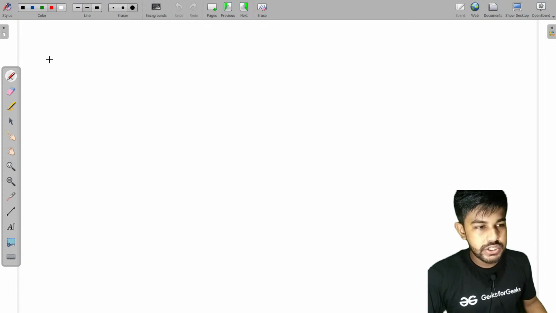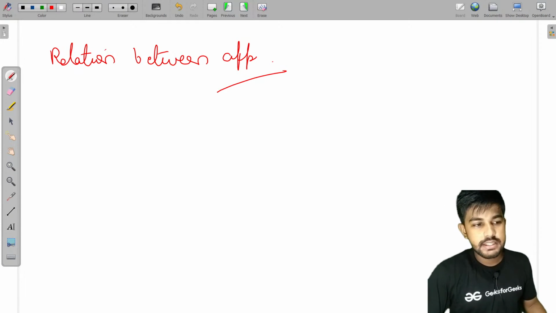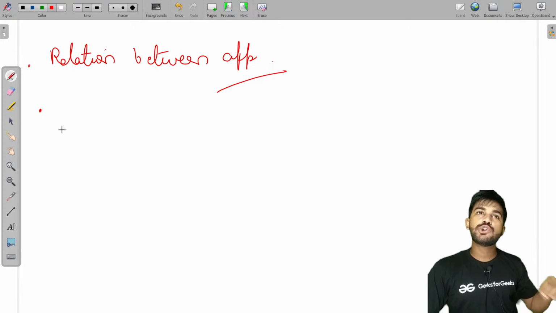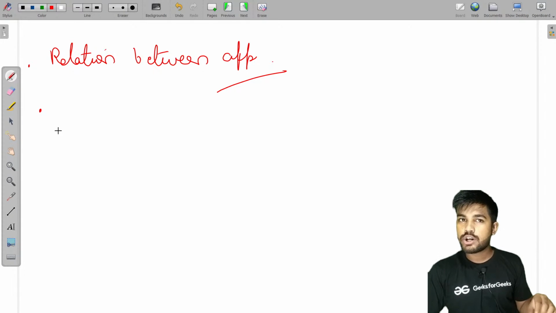There is a relation between alphabets. Now we need to find the ordering of the alphabets, so we need to sort that. Whenever we talk about relations, we talk about graphs.